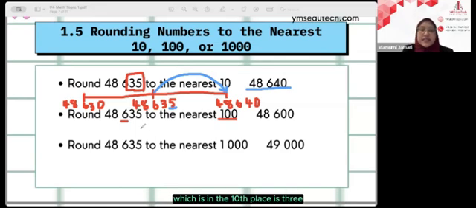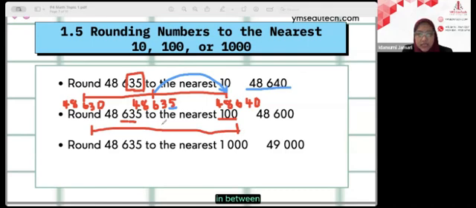And the digit beside it, which is in the tens place, is 3. 48,635 will be somewhere in between 48,600 and 48,700.